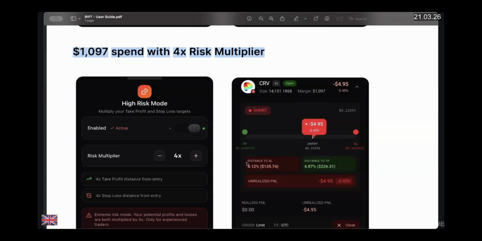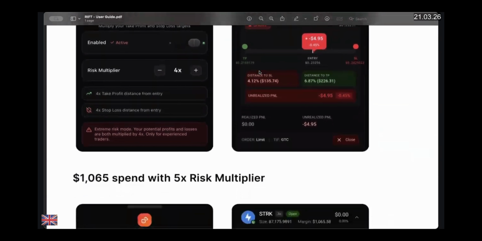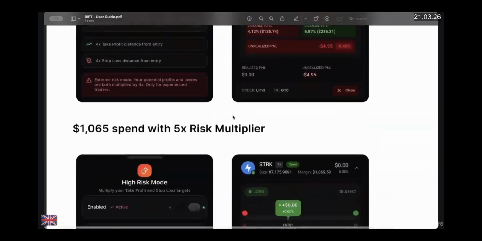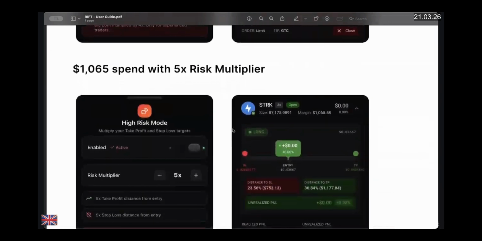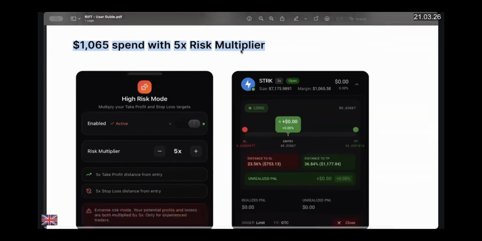So this is the whole game which changes once you go to a higher risk multiplier, as well as when you take bigger leverage with a bigger ticket size of default spend in the fast execution of trades. Now let's look at $1,065 spent with 5x risk multiplier.